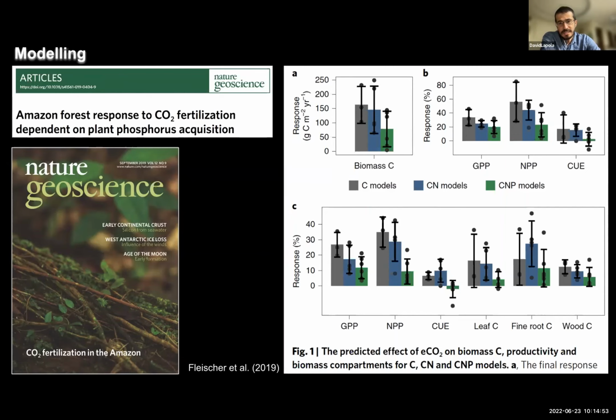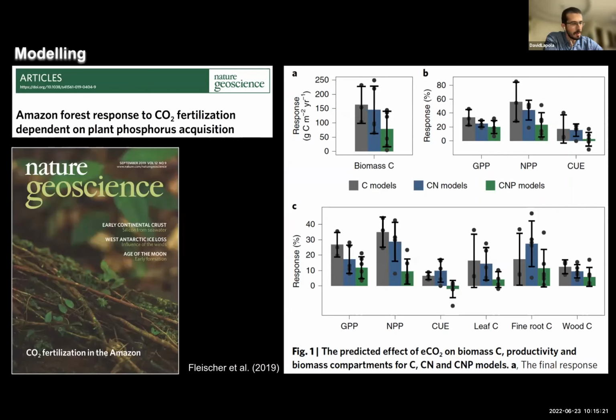And as you can see, if we constrain models with the nitrogen cycle and phosphorus cycle, the response gets on average reduced, but all the same as Belinda's exercise, she was showing, the variation interval is still too large, which reflects our poor knowledge of the phosphorus cycle there.